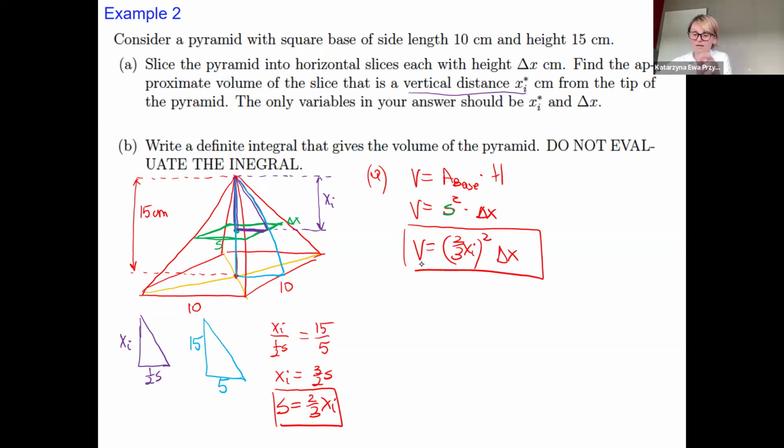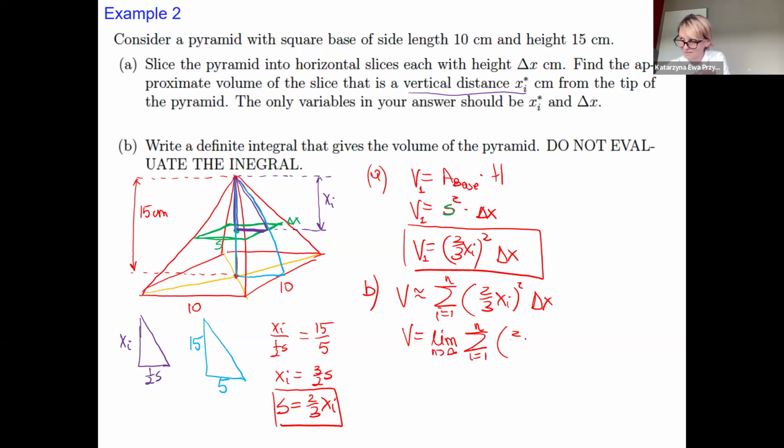Now we can start building a definite integral. The volume of the entire solid is approximately the addition of all of them, the sum of (2/3 x sub i) squared delta x, with i from 1 to n, and the perfect answer is with n going to infinity. Then we can write the definite integral.